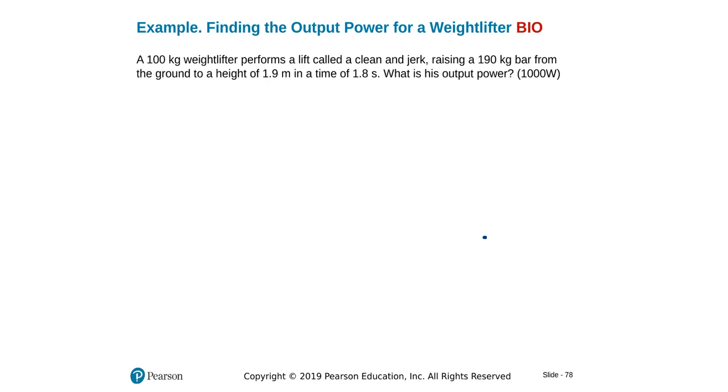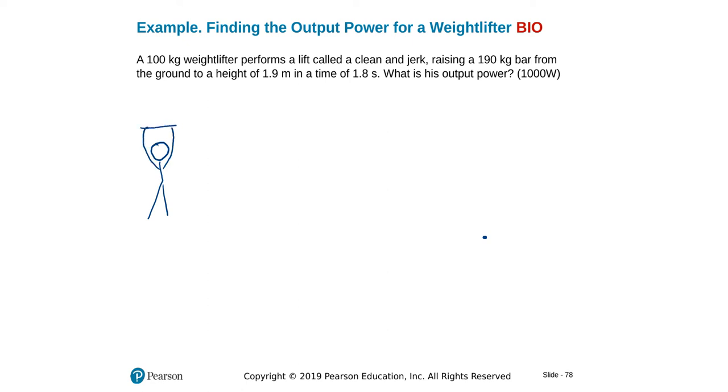This question is also a similar one. A 100 kilogram weightlifter, that's the weight of the person, performs a lift called a clean and jerk, raising a 190 kilogram bar from the ground to a height of 1.9. I'm going to draw an ugly picture here to show that.